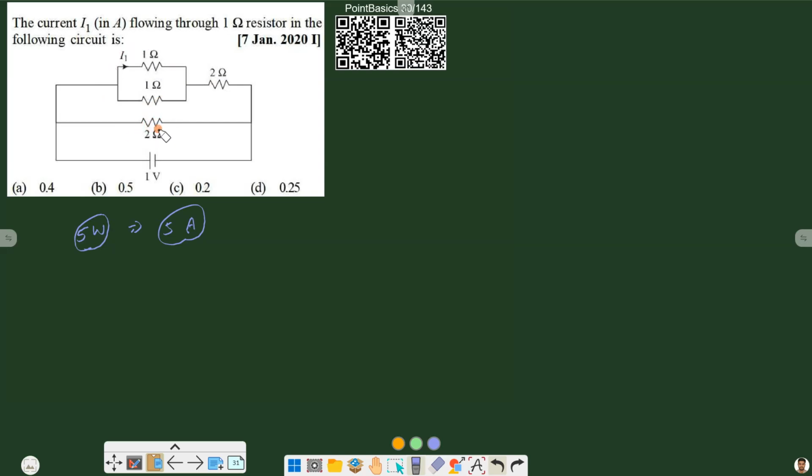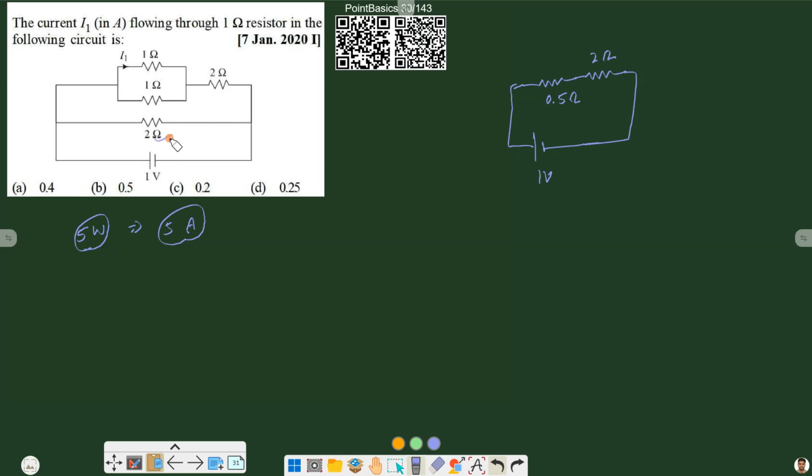So we will not consider the 2 ohm resistance here for our calculation, because we have to find current only in the upper arm. So solving for the upper arm, both 1 and 1 are in parallel. Sorry, their parallel combination will give us 0.5 ohm. And we have this combination in series with 2 ohm, and this is connected to a 1 volt battery.